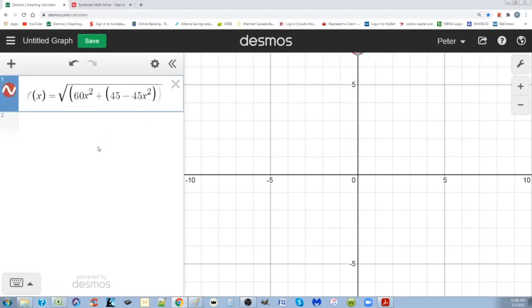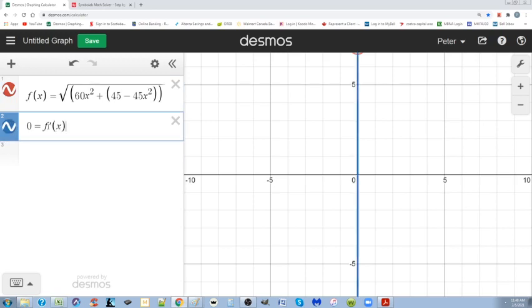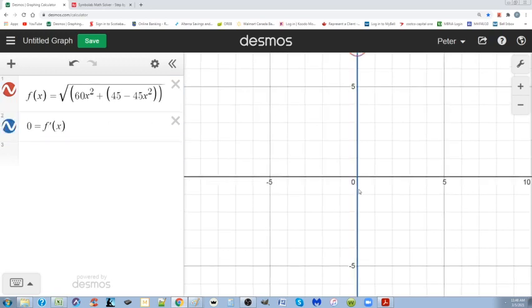Okay. And now I'm going to take when the derivative of this is equal to 0. And it's saying at 0. So right away I've done something wrong. Oh, there's one thing I did wrong.